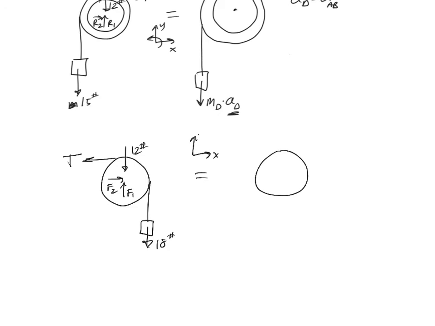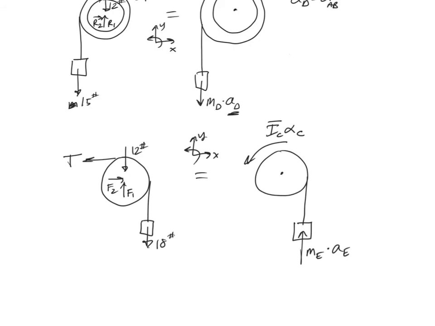Put a coordinate system on here. And over here I've got I bar of C times alpha C. And with the weight, I'm going to draw the arrow up. And this is the mass of E times the acceleration of E.